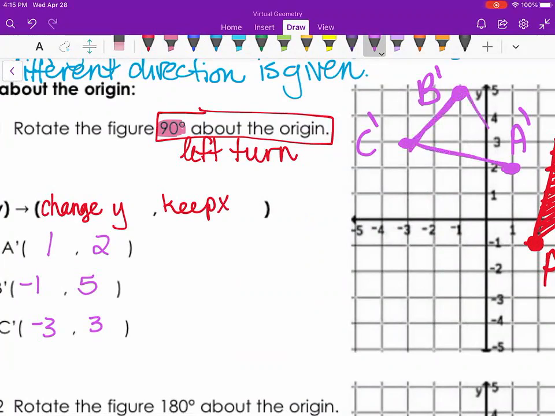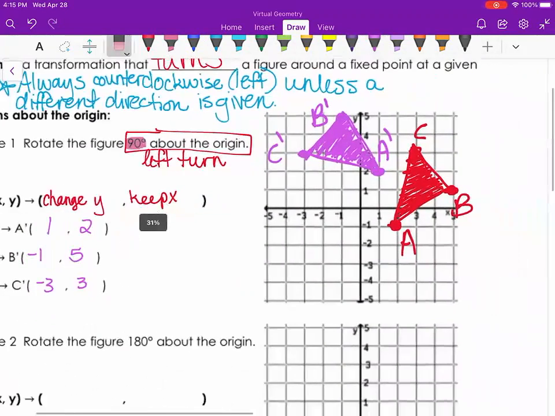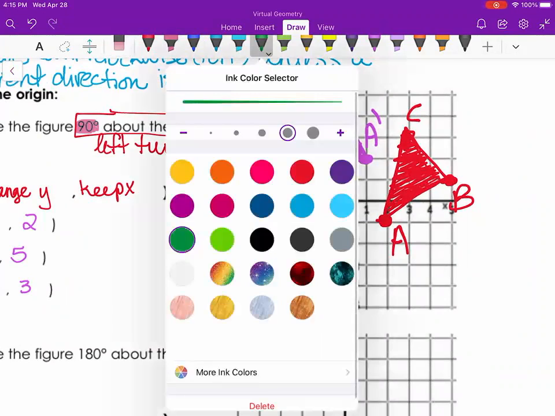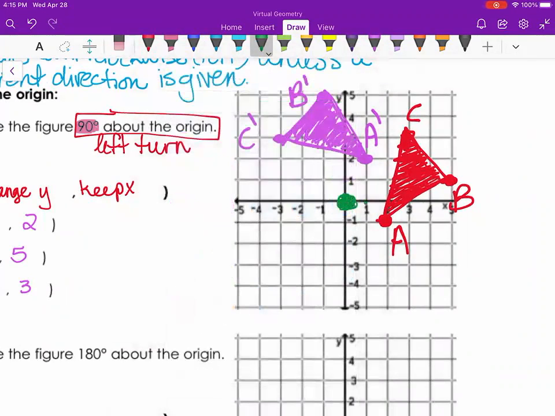So we can see we do have the same shape here, the exact same triangle, only now it's been turned around the origin 90 degrees to the left. So let's zoom out so we can see our new shape here. All right, so again, we can see that it was turned from that origin position. So it's all revolving around that point.